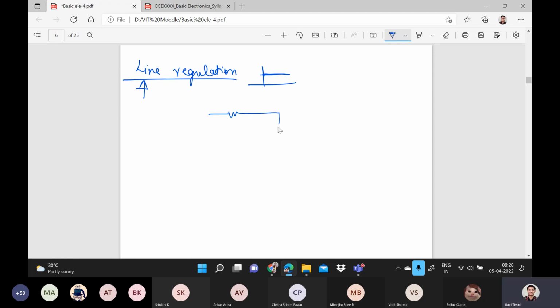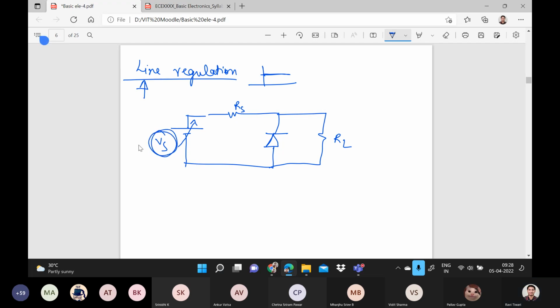So here I am using the diode. Here we have the source voltage, that is Vs. This is the series resistance I am representing with RS, and here you have a load resistance RL. Okay, what I am saying, if you are changing the source voltage, that is VS, and you are getting the output across this as a constant one, that means it will work in reverse bias only.